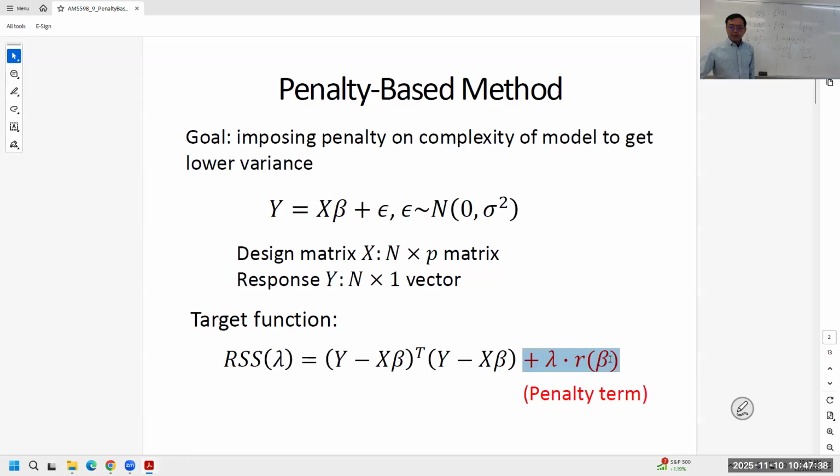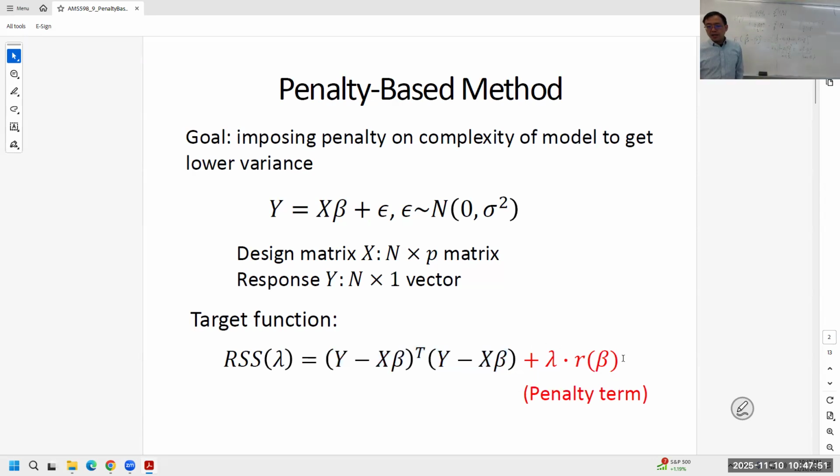First, without this penalty term, if we are only solving for the minimum of the sum of squared errors, this is what we get, and we will have an unbiased estimator.